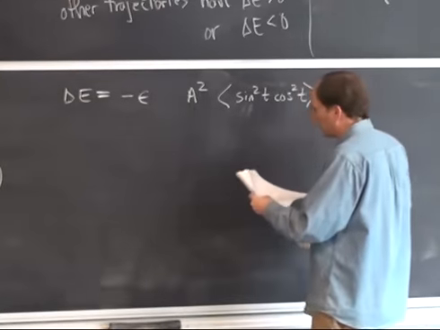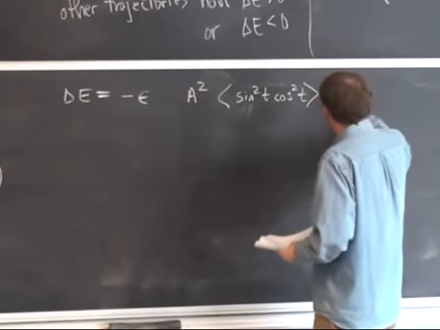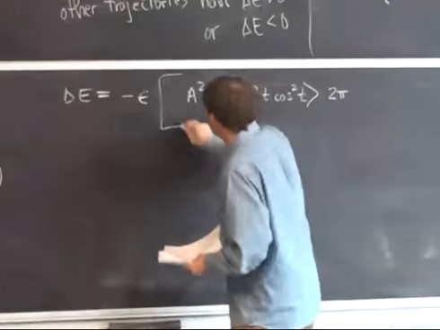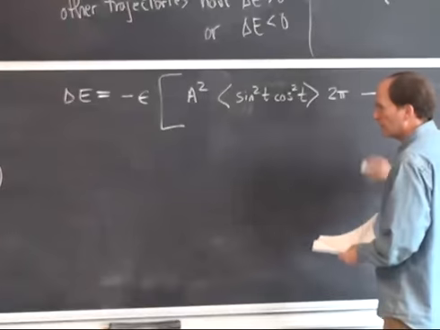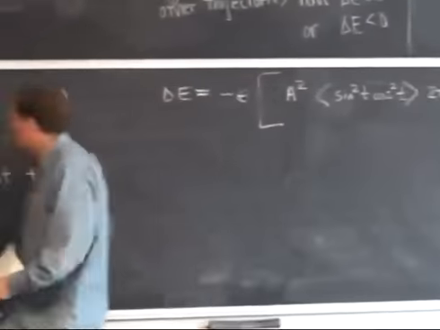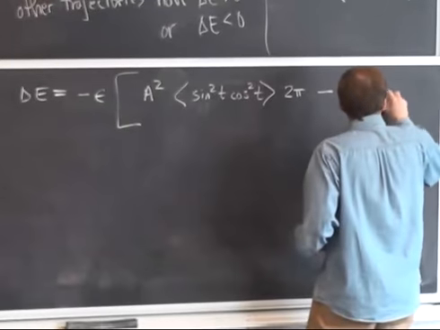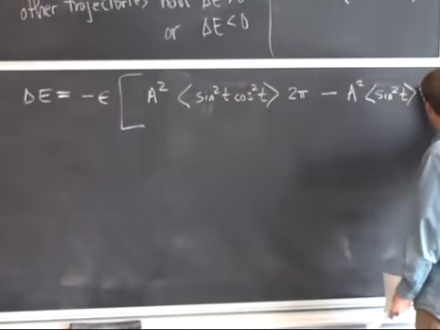This means average over one cycle. And then times the length of the interval I'm integrating, which is 2 pi. And then there'd be another term, which is minus this. So I have minus 1, A squared average of sine squared t, again over an interval of length 2 pi.